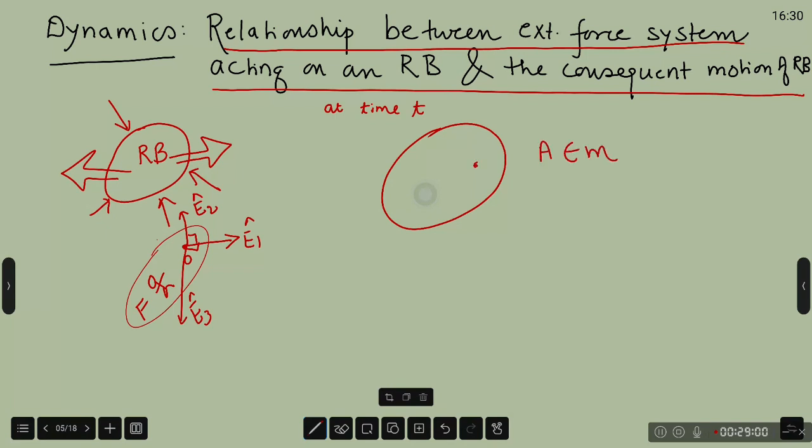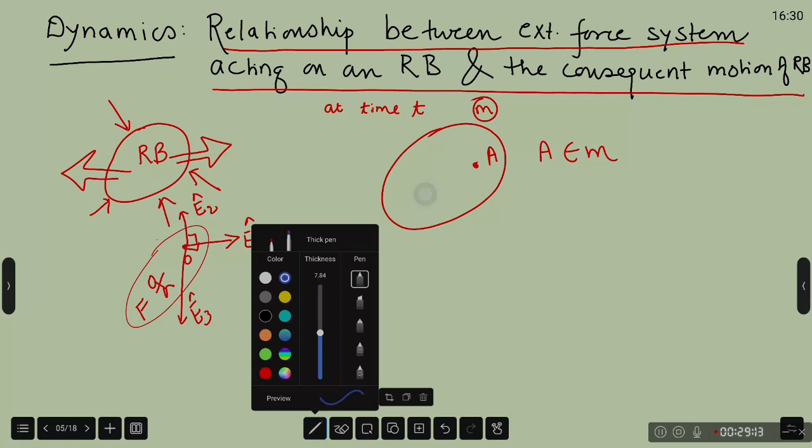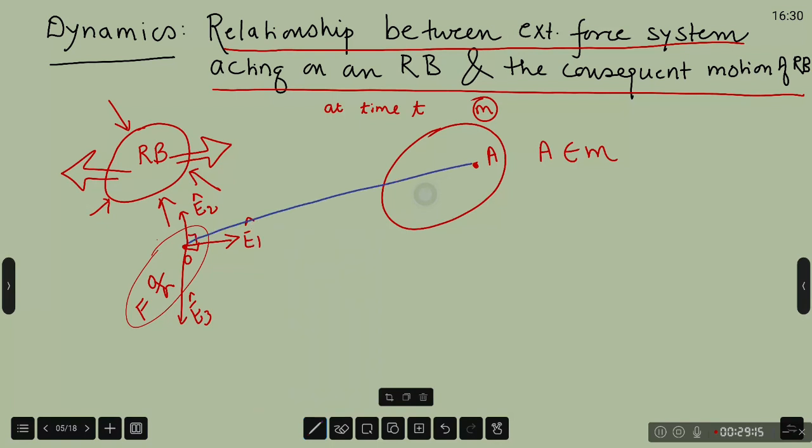so this is body M. I want to know this one point of the RB, how far it is from my origin at time t. This I want to know.